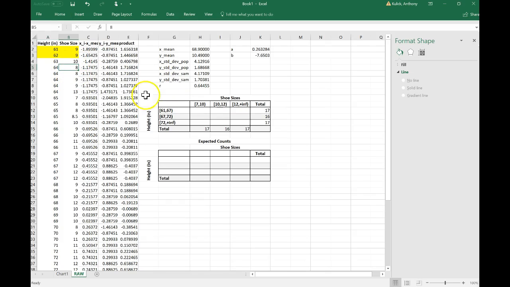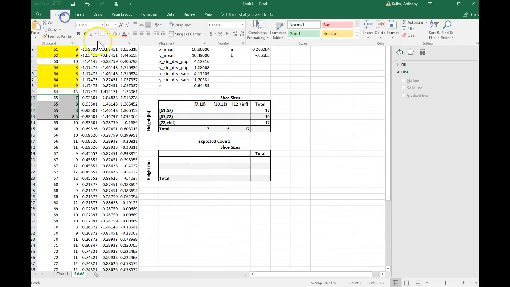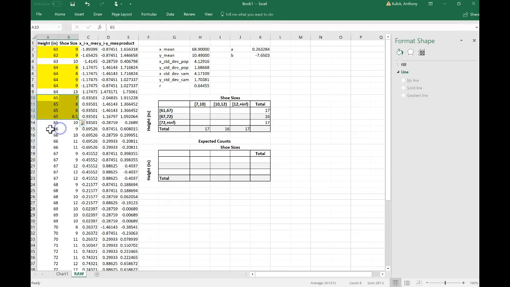Don't count this one because 10 is not included. These three, though, are. This person doesn't get included, but these three do. And then this person gets included, but none of the rest of them do. So I have 2, 6, 10, 11 in that category.